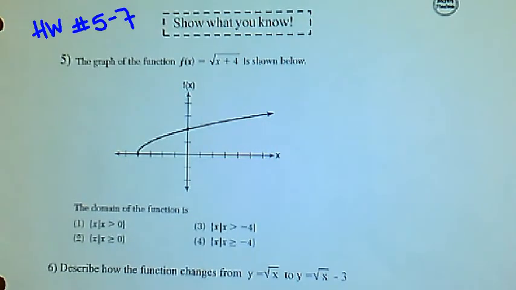The only thing I wanted to show you for number 5, it's a multiple choice question. I just wanted to break down this, which is called set builder notation. You can really disregard the x.